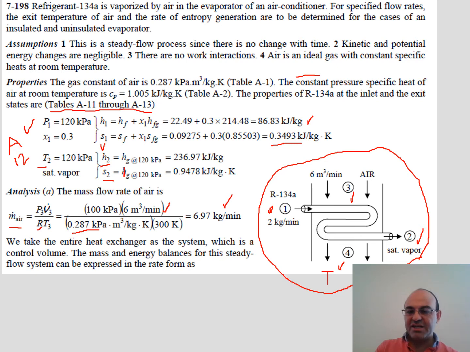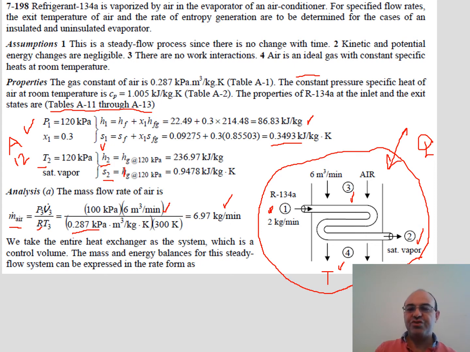So let's see, energy is coming in from 1 and from 3, and from 2 and 4 energy is going out. And there's no work. So heat can be, in part A of the problem, heat transfer was neglected. And in part B, heat was actually added to the system.